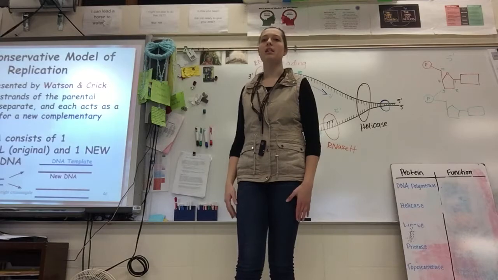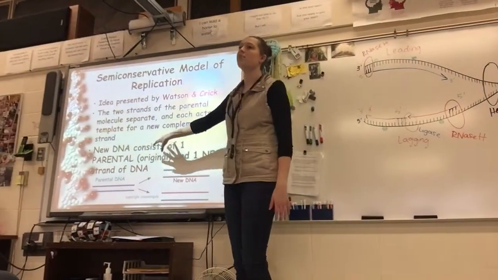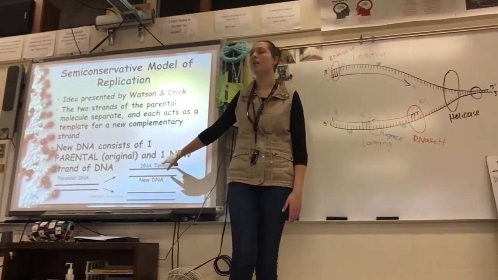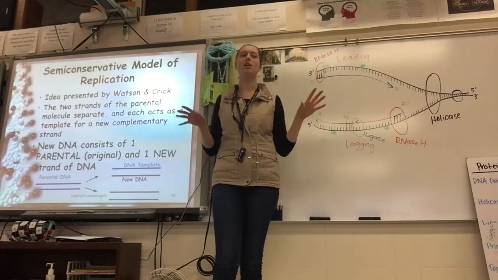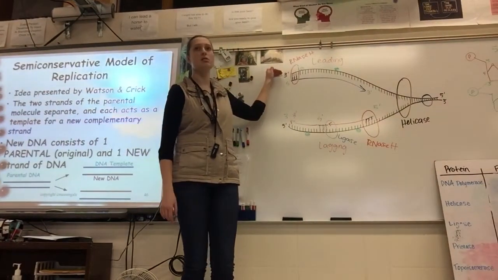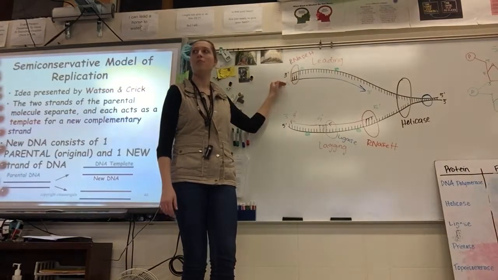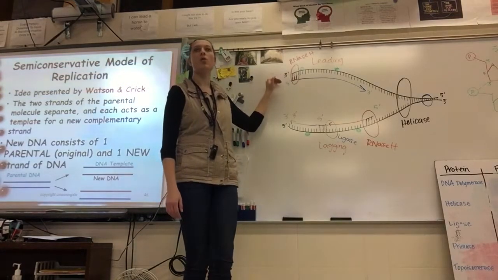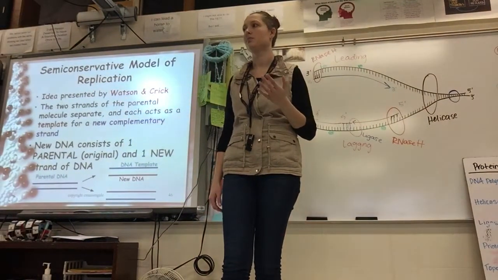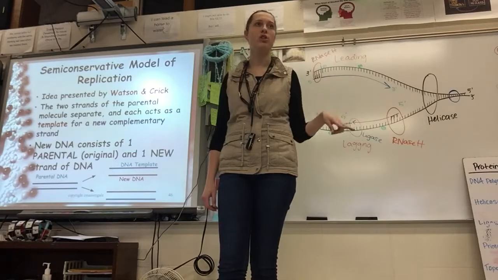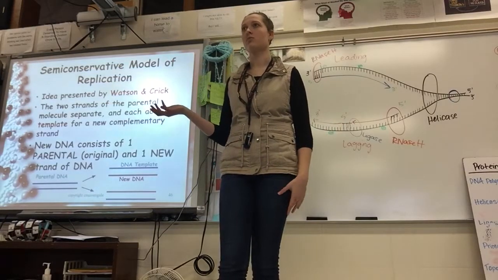They came up with this idea that our complementary strands in our template are going to have 1 of each in our new cells. So when we split our cells, we're going to have 1 of the original DNA strands and 1 of the new DNA strands. This way, we can always go back and check to see if we made any errors because we have the original template. If we had both of the old strands in one cell and both of the new strands in another cell, we might make a lot more errors.